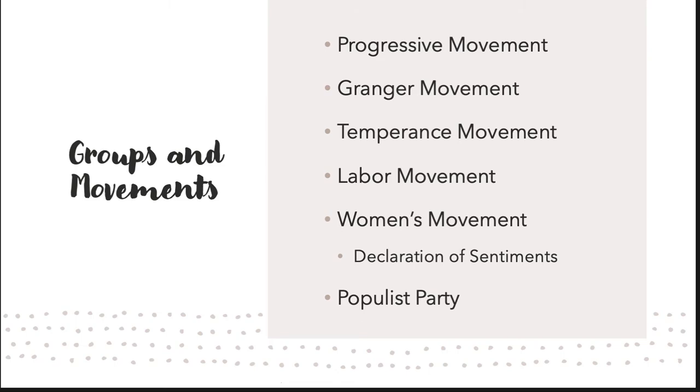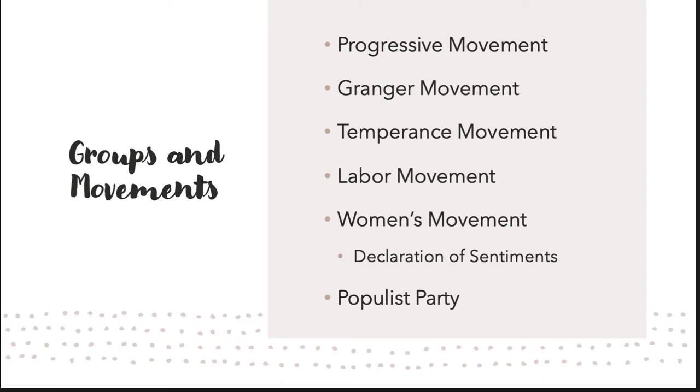Remember the Populist Party, the People's Party. This party is going to be formed, and many of the ideas will be fleshed out, actually passed, in the progressive movement. But the Populist Party, the People's Party, is another group that we need to remember.